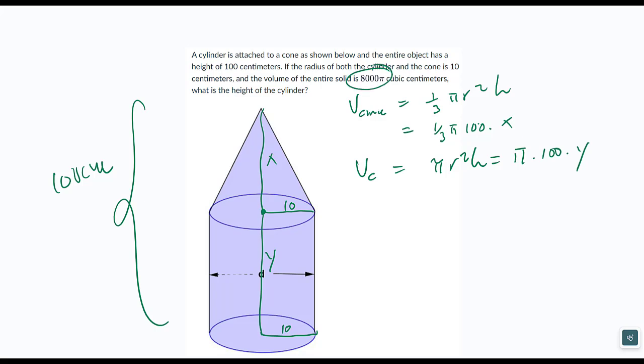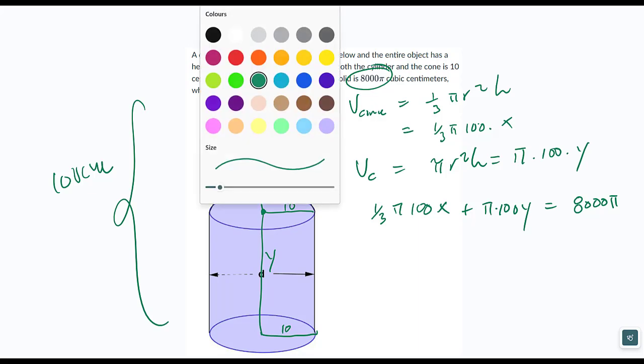So I'm simply going to add these expressions. 1/3 pi 100 x plus pi times 100 y is equal to 8,000 pi. Now I can simplify this a bit. Let me use a different color.